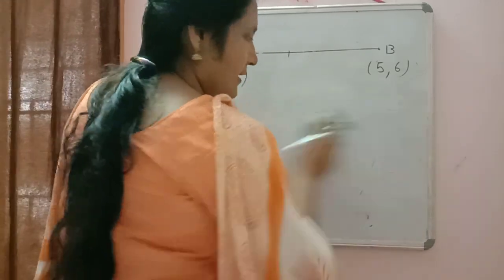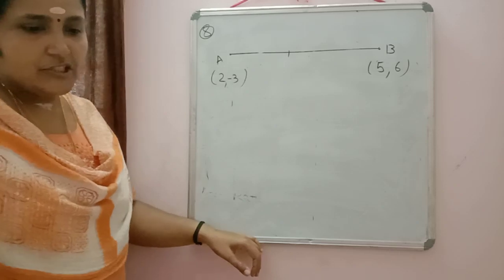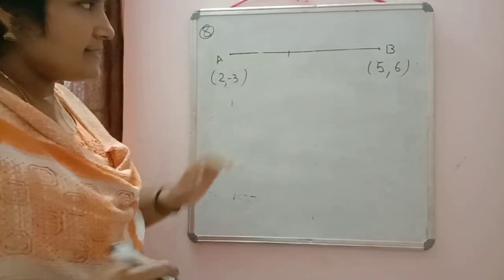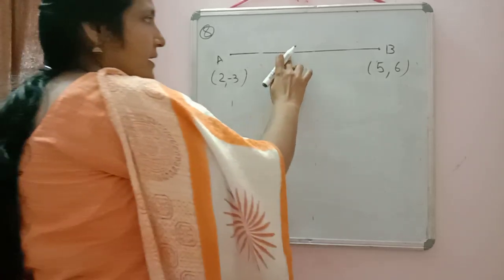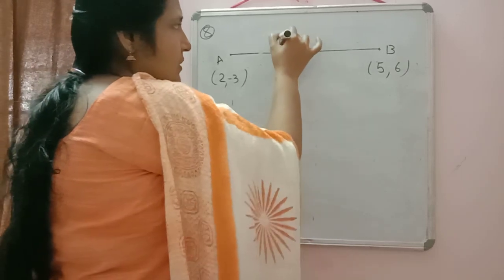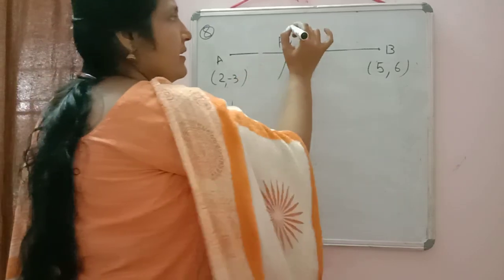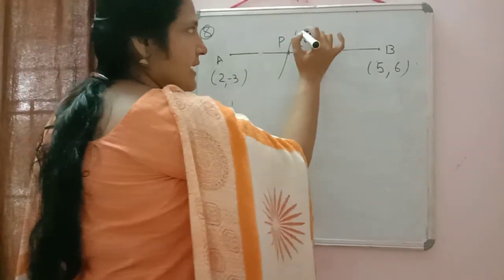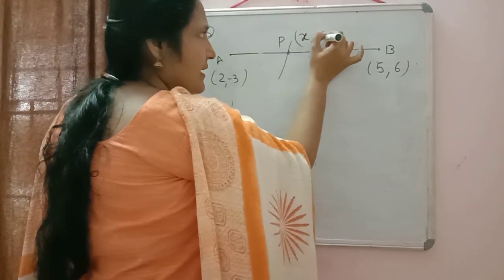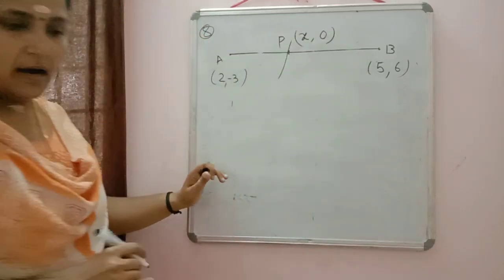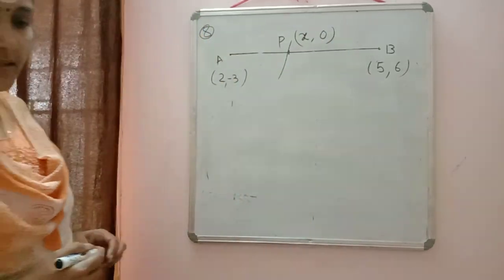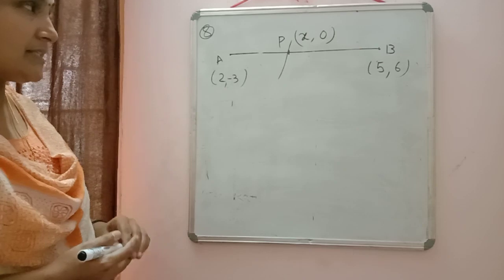So now it was given, in what ratio does the x-axis divide this line segment at a point P which is on the x-axis. Then what will be the coordinate of P? Yes, the point P is on the x-axis, so its coordinate will be equal to x comma 0. And it was asked to also find the point of division.